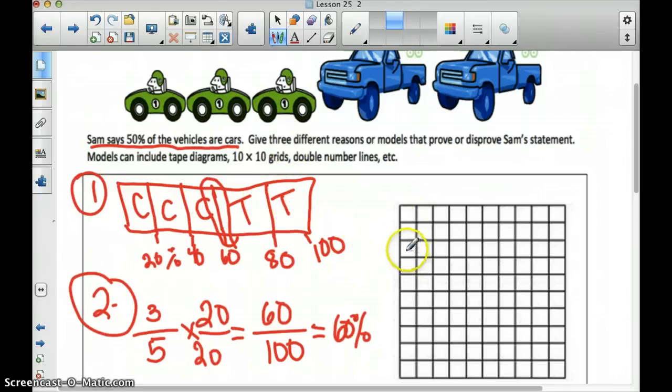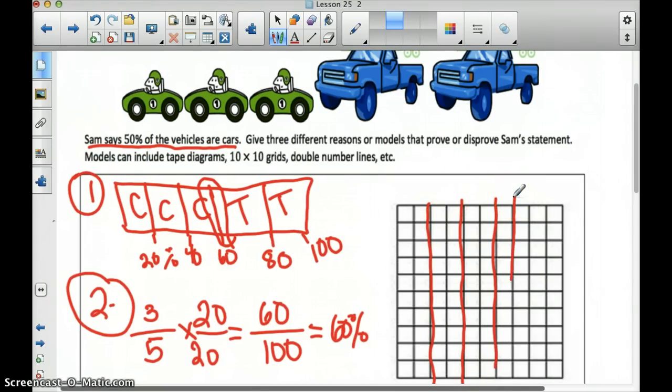And let's make a 10 by 10 grid. We are going to say the cars are, and this is broken up into 5 things. Okay, so here you can say that this is C, that this is broken up into 5 different grids. 1, 2, 3, 4, 5.